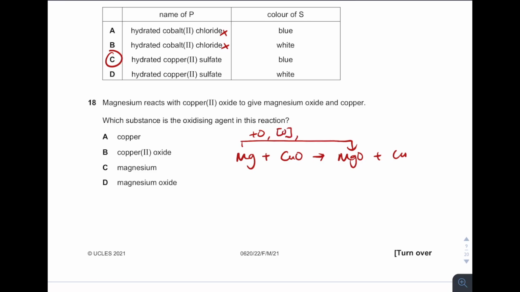Remember, substances that undergo oxidation are called reducing agents. See, CuO becomes Cu. It loses oxygen. It undergoes reduction. A substance that undergoes reduction is what we call an oxidizing agent. So in this case, which one is the oxidizing agent? We know that it is copper(II) oxide. So the answer is B, copper(II) oxide.